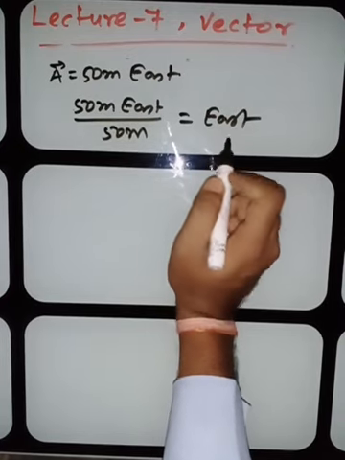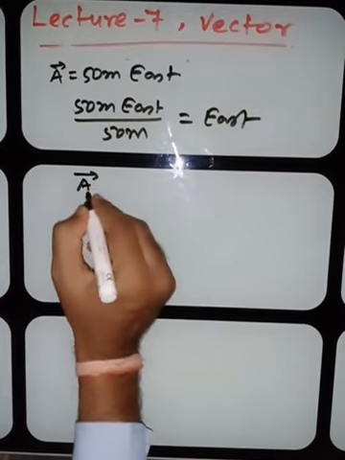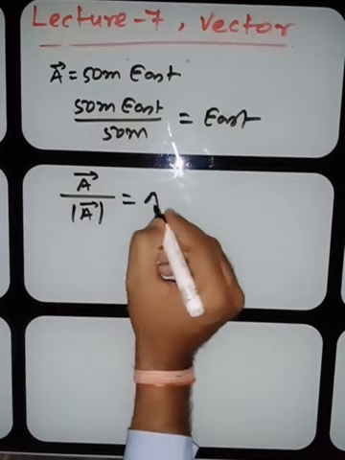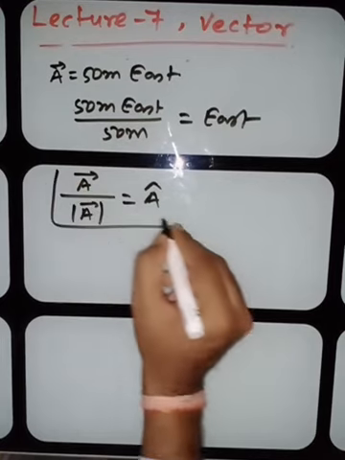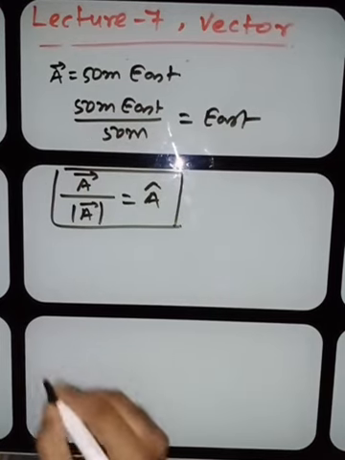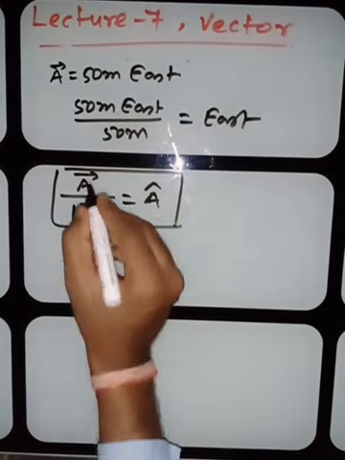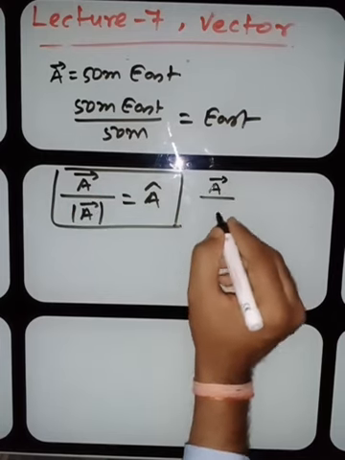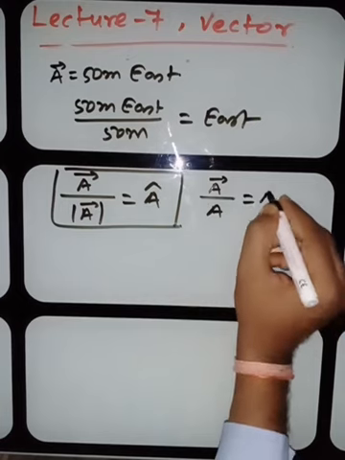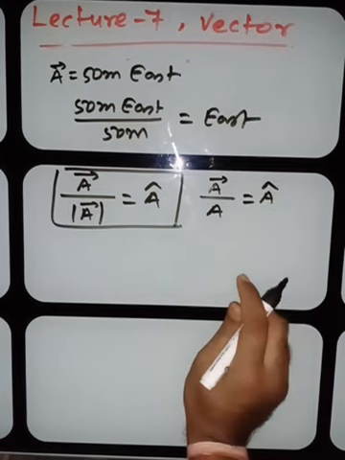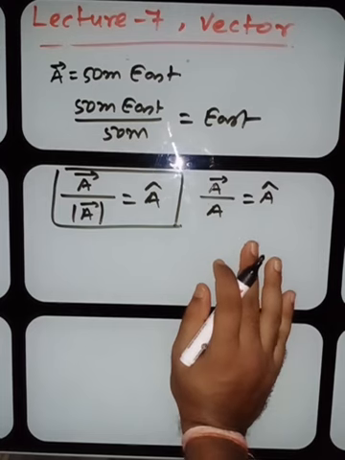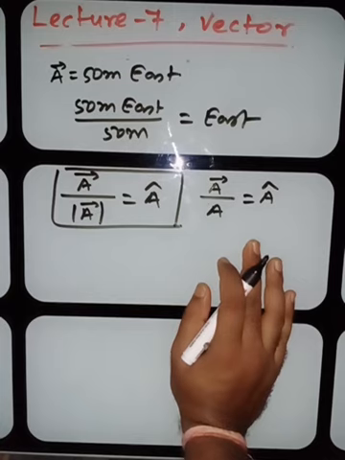This is a very important formula. Dividing any vector by its magnitude gives the direction. Remember, this can also be written as vector A divided by the magnitude of vector A, which is the unit vector A. If you want to find the direction of any vector, then you have to divide that vector by its magnitude.